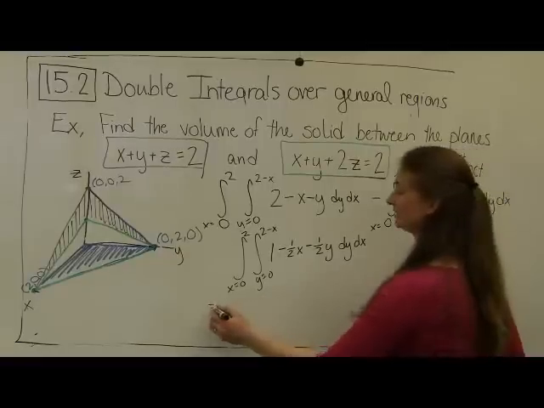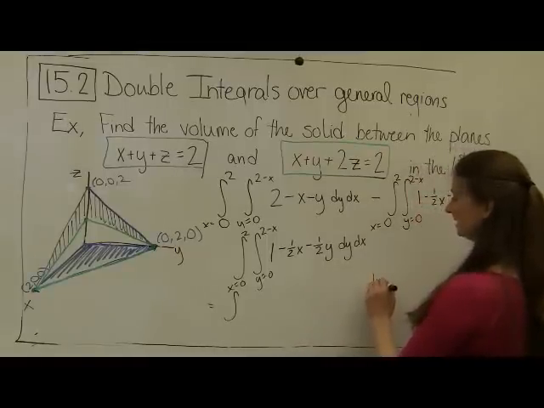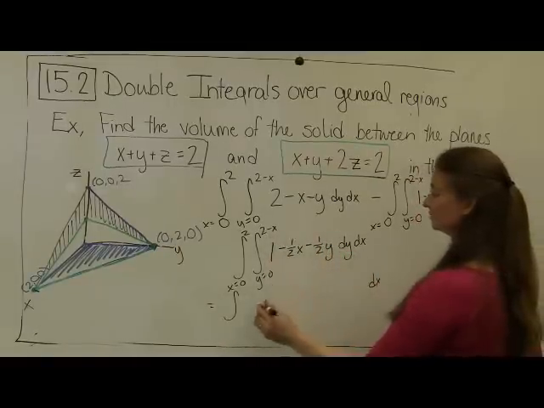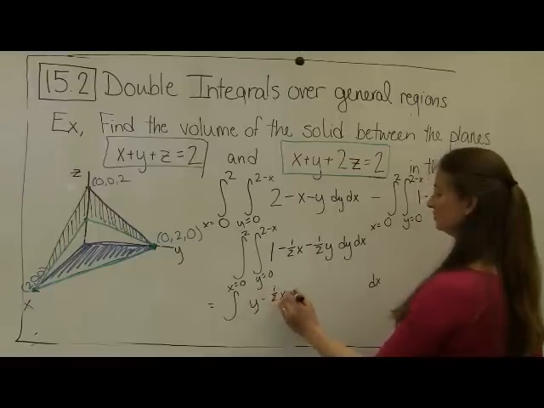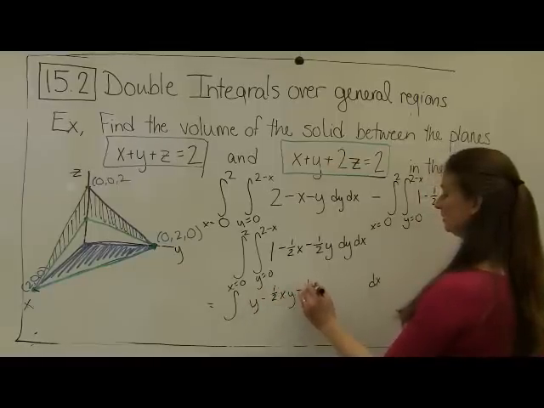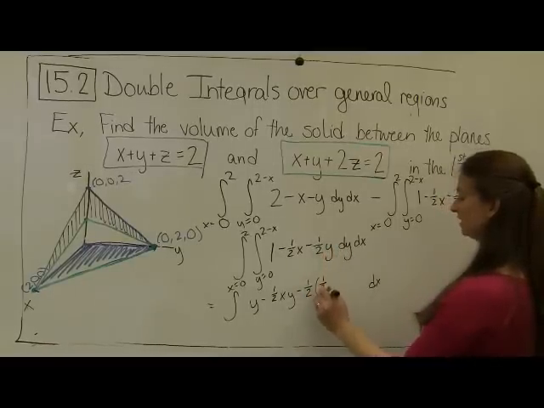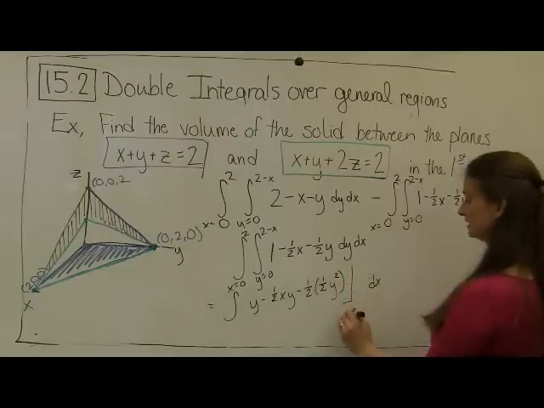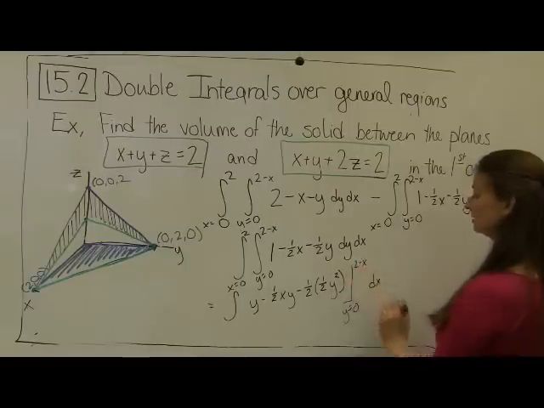You can tell I'm getting a little tired. Keeping the integral on the outside with respect to x, I integrate the inside with respect to y, and I get y minus 1/2 xy minus 1/2. Integrating this y, I get 1/2 y squared. I need to evaluate this from y equals 0 to y equals 2 minus x.